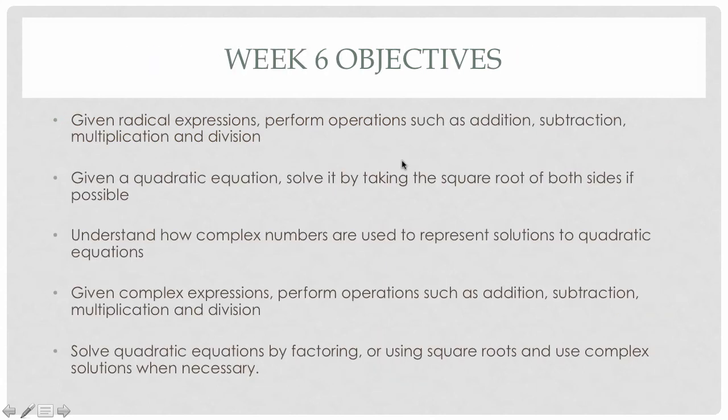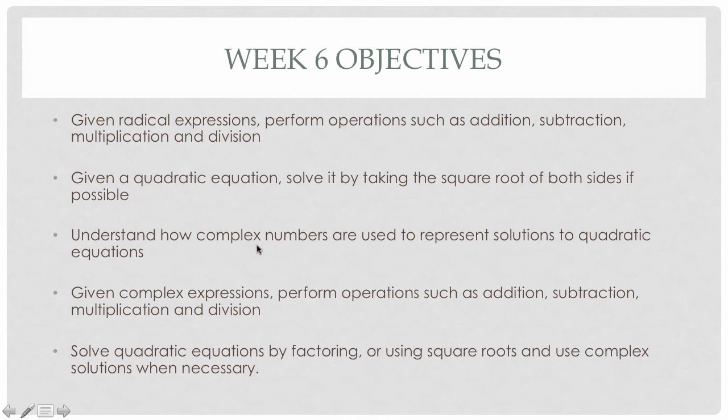Okay, so let's review what we did. We reviewed a lot with radical expressions. You should now know how to add, subtract, multiply, and divide if I give you radical expressions. If I give you a quadratic equation, you should now be able to solve it by taking the square root of both sides. You should understand how complex numbers are used to represent solutions to quadratic equations.